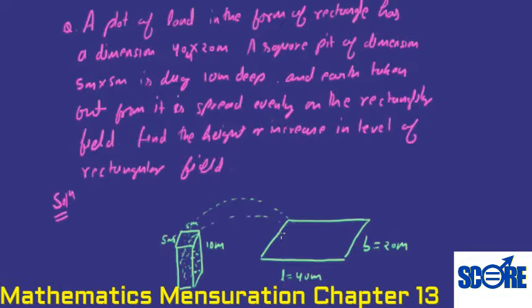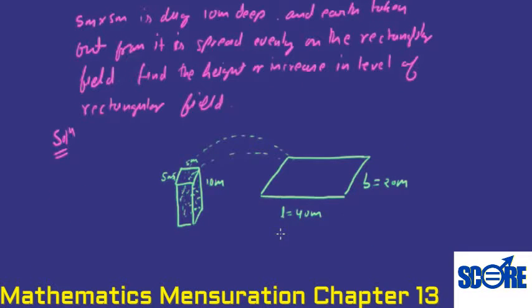First of all, we have to find how much earth is taken out from this pit. That is nothing but the volume of the pit. The volume of the pit gives us the volume of earth taken out.